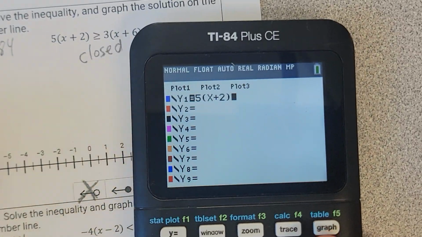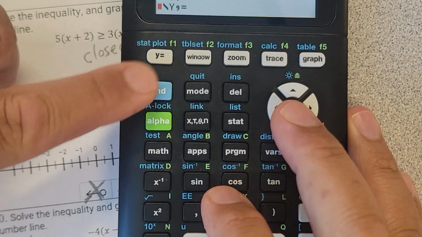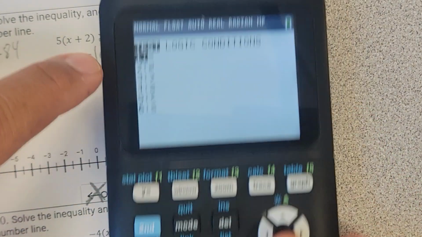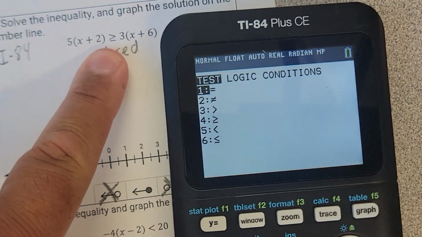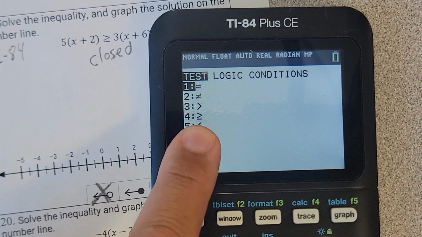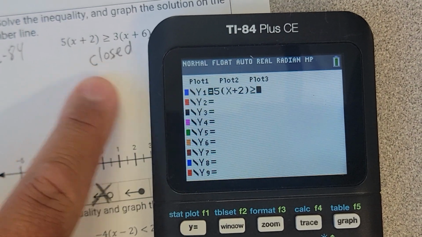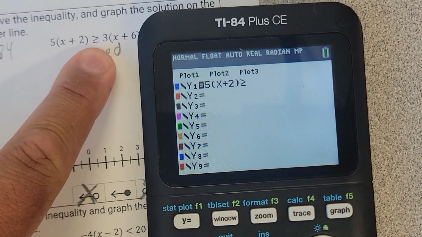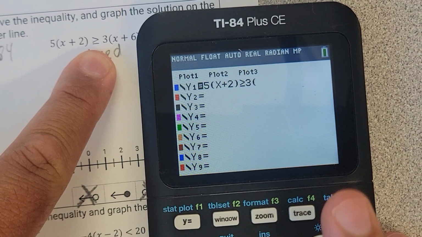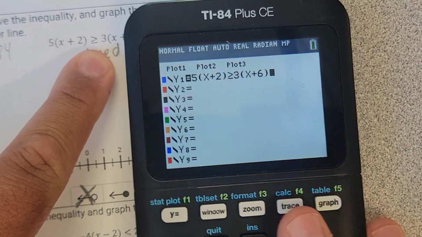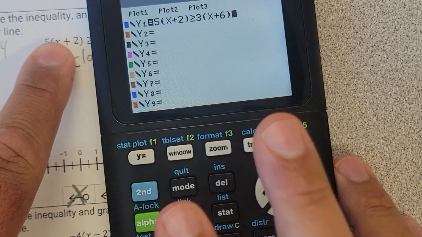Put your symbol. You have to push second math. What symbol is this? This is greater than or equal to, so that's number 4. And then positive 3, parentheses, x plus 6. And then you push trace.